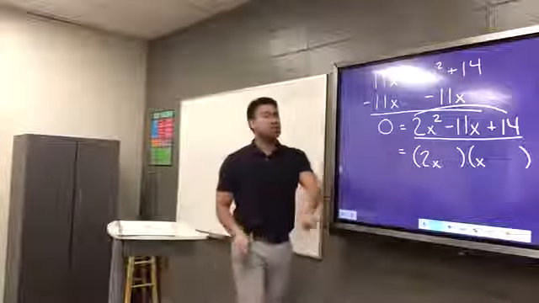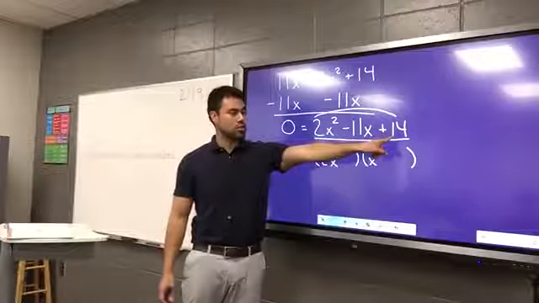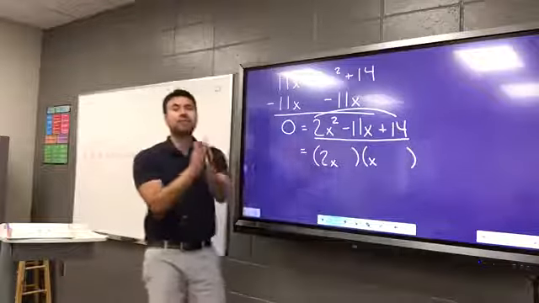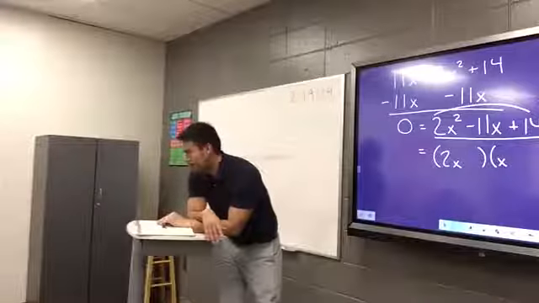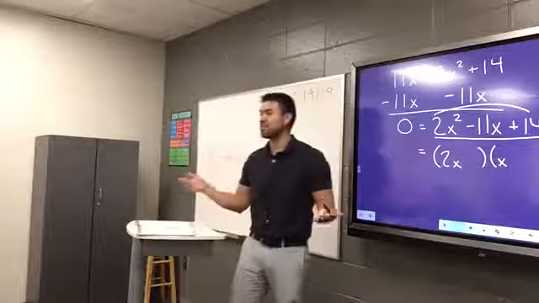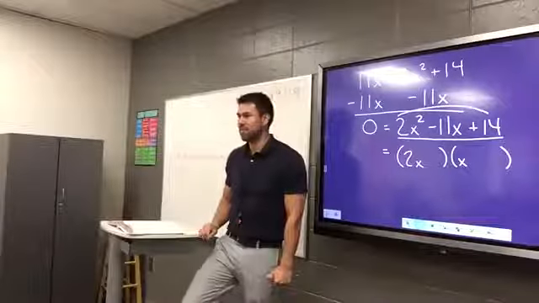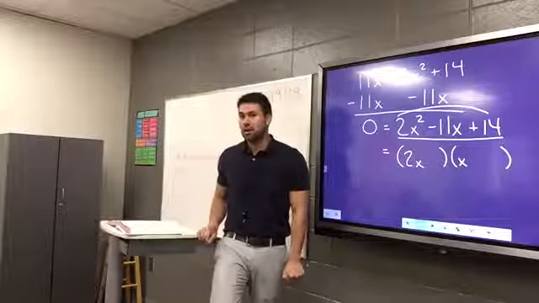Okay, what two factors of 14 fit in here, and you have to have the correct numbers with the correct sign in the correct order. So it's a guessing game until you get better at it. And some of you will get better. It just takes time. What are two factors of 14? 2 and 7.